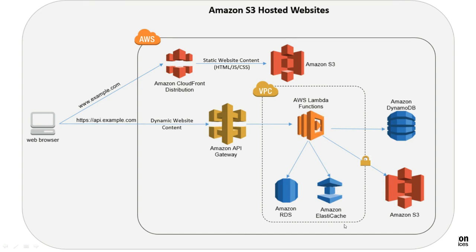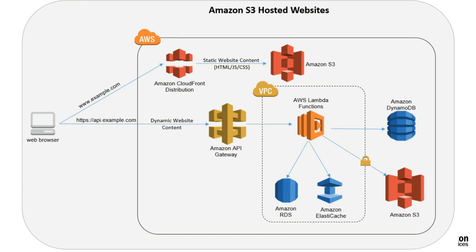And we have Elastic Cache where some vital information that is required multiple times is kept. So this is an integrated solution where we can employ multiple types of databases as well as storage options as well as Lambda functions with Elastic Cache.